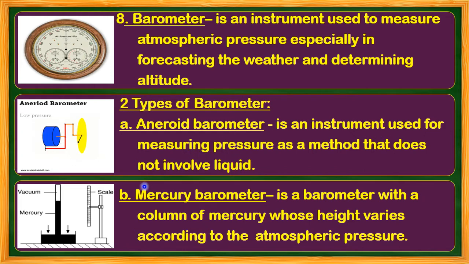And how about mercury barometer? It is a barometer with a column of mercury whose height varies according to the atmospheric pressure. So in short, class, an aneroid barometer does not have mercury or a liquid, while a mercury barometer is a kind of barometer which uses mercury.